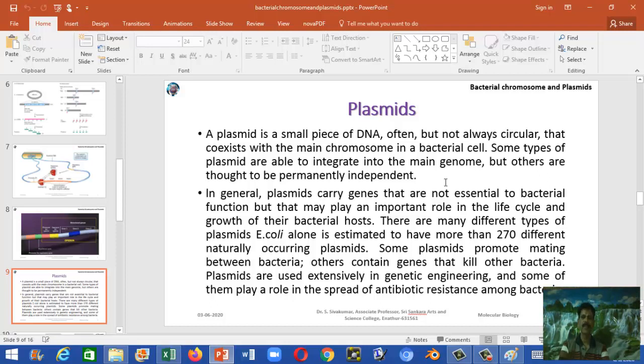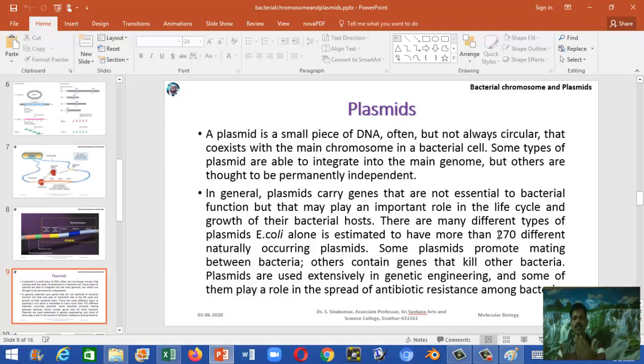The presence of plasmids provides additional characteristics, additional features, additional capacities to the organism. That is the advantage of these plasmids. But the bacteria can survive without them.